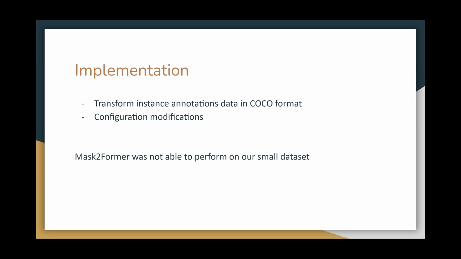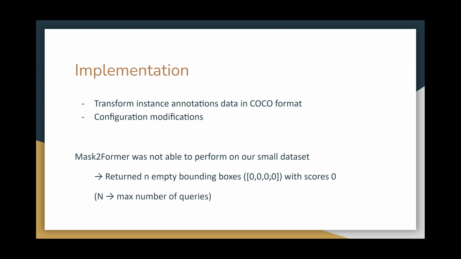It wasn't able to perform because of the small dataset, which meant that whatever we did, the model returned us empty bounding boxes with scores of zero. So we had N empty bounding boxes, which was no position, no size, and N is the number of queries.